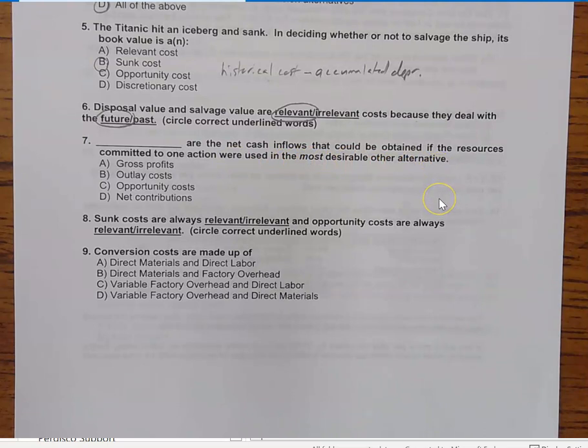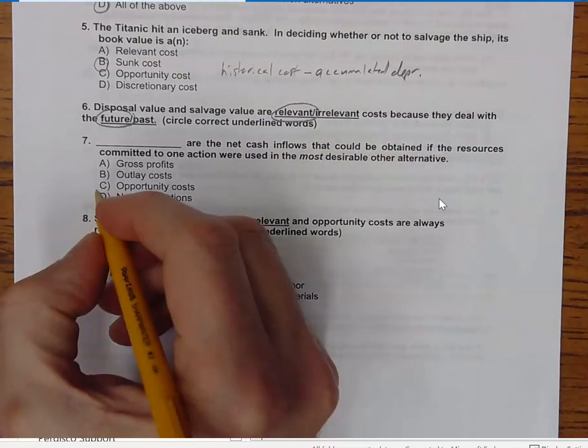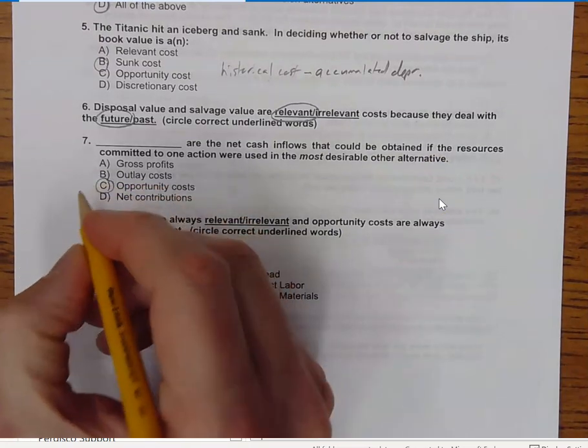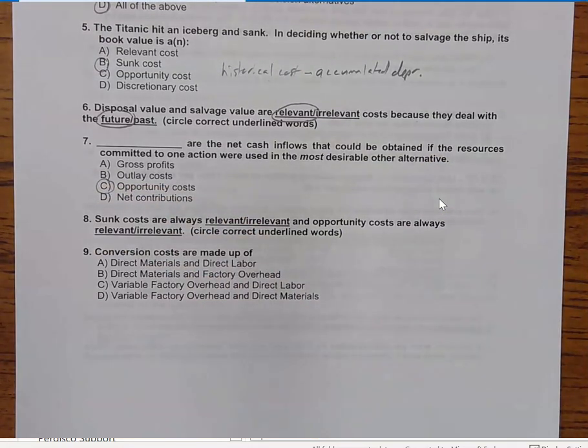Okay, and this is what we call an opportunity cost. And what we want to make sure we recognize about opportunity costs: net cash inflows. Opportunity costs are not anything that we actually spend money on.